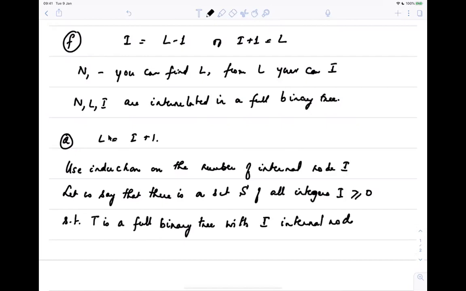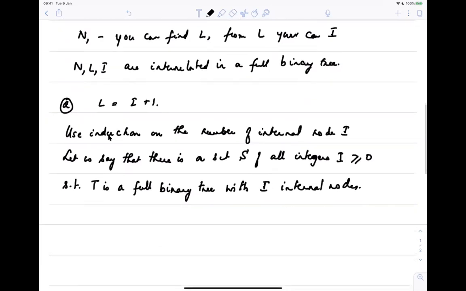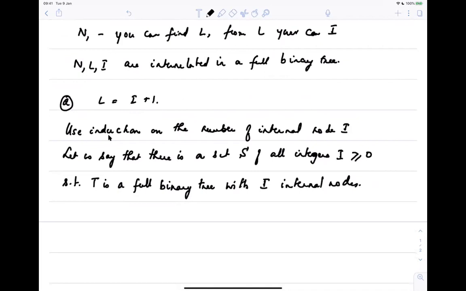Then what do we want to show? L is equal to I plus 1 for this tree.